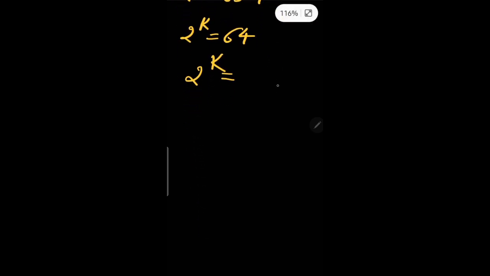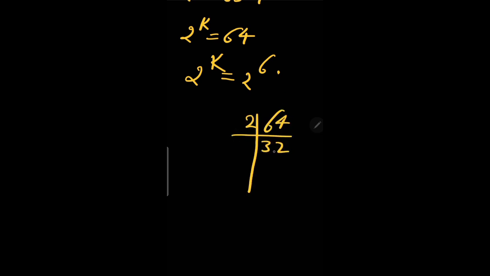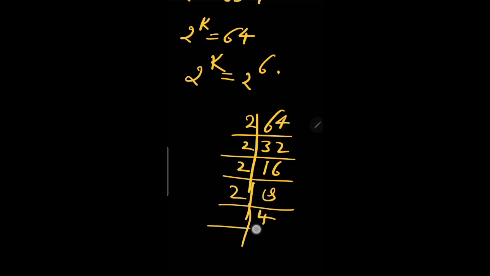64 means when you factor it into 2 raised to 6: 64, divided by 2 is 32, then 16, 8, 4, again 2. 1, 2, 3, 4, 5, 6. Six 2s are there, so 2 raised to 6.